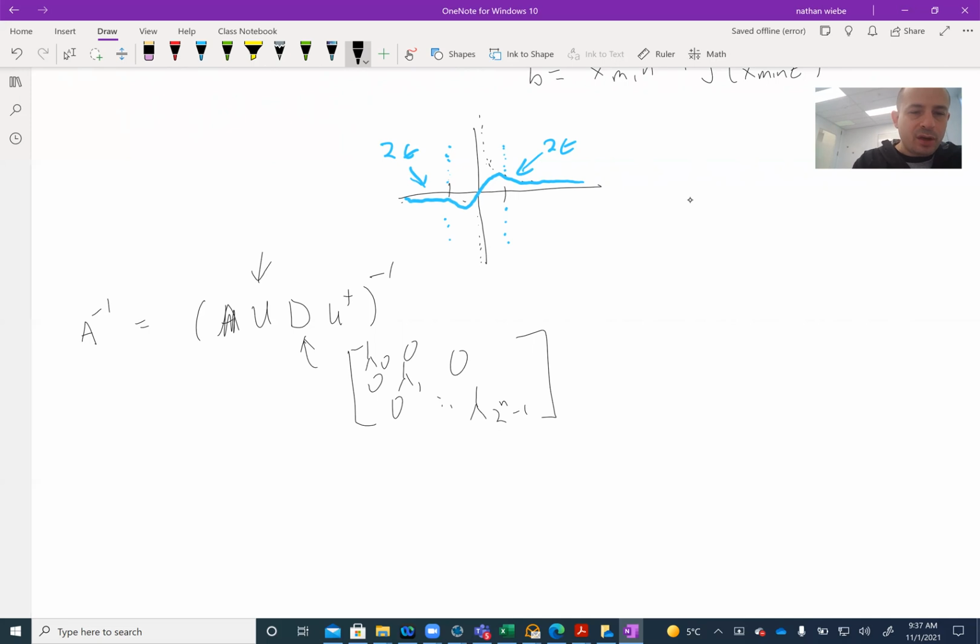U here is unitary, because just by definition of what we mean by an eigendecomposition, the transformation that goes to and from the eigenbasis is actually a unitary matrix in general.